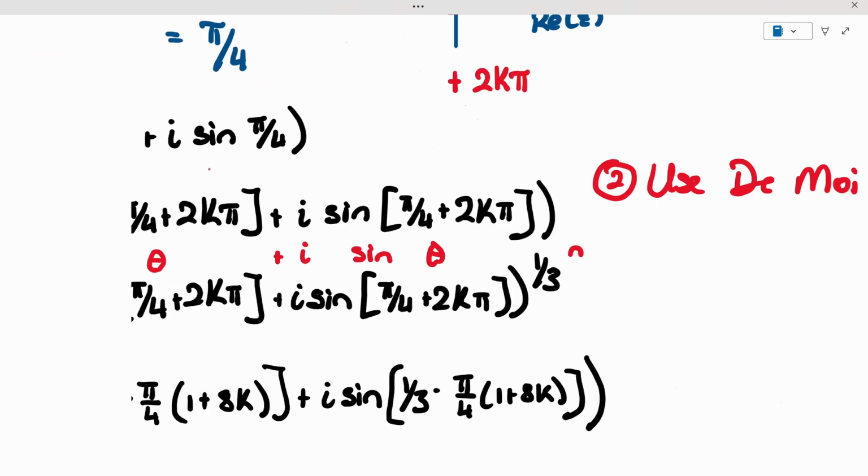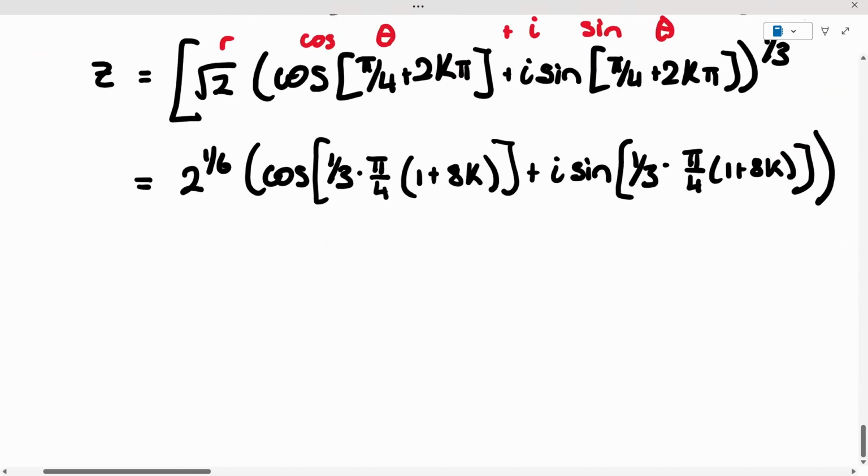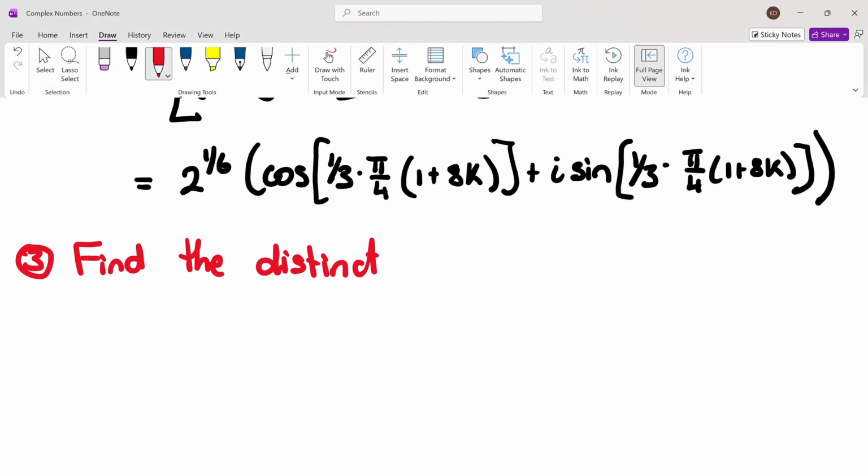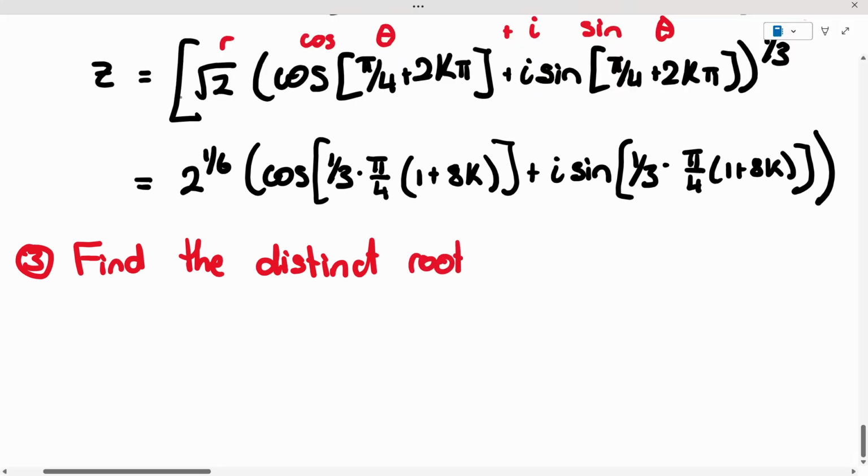And step 3 now: find distinct roots or solutions, right? Distinct roots. So how do we do that? Well, there's a distinct root corresponding to different values of k. So let me show you what that means.